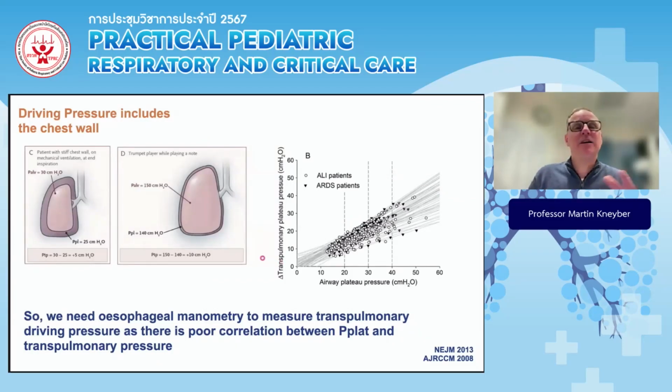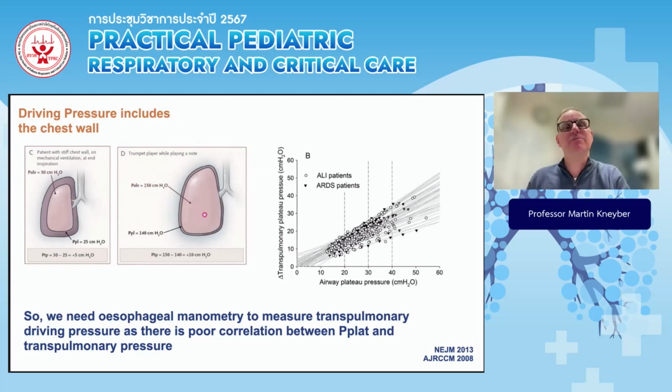And this can only be done by esophageal pressure manometry. Because driving pressure, we can easily calculate it by plateau pressure minus PEEP. It includes the effect of the chest wall, but you can see, for example, here you have a patient with a high alveolar pressure, but with a very stiff chest wall, the pleural pressure 25, so the transpulmonary pressure is only +5, which is not that injurious. And same for example, for a trumpet player.